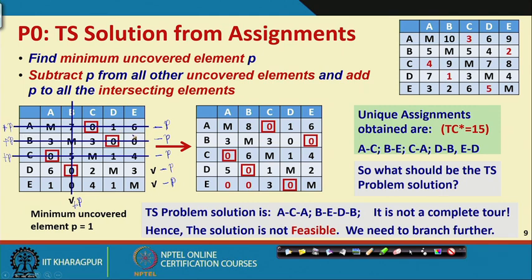So, there will be no change, but those intersecting elements will go up by P. I hope you understand that for the uncovered elements P will be subtracted, for the covered elements minus and plus will cancel, so nothing will happen, but for intersecting elements P will be added, right.